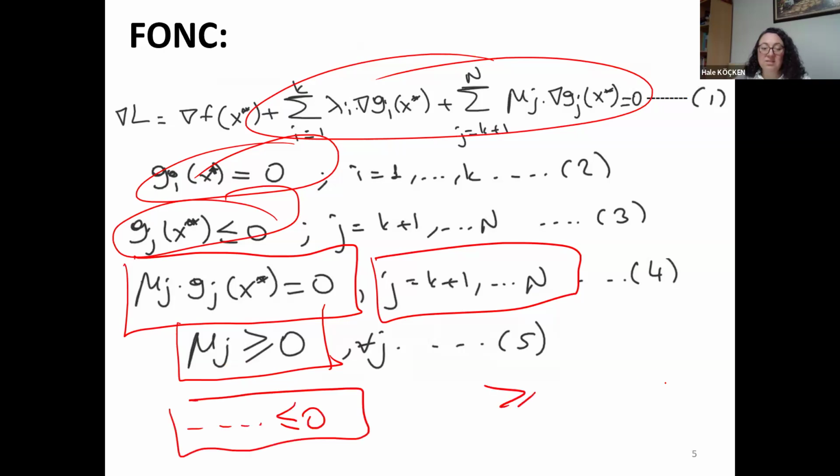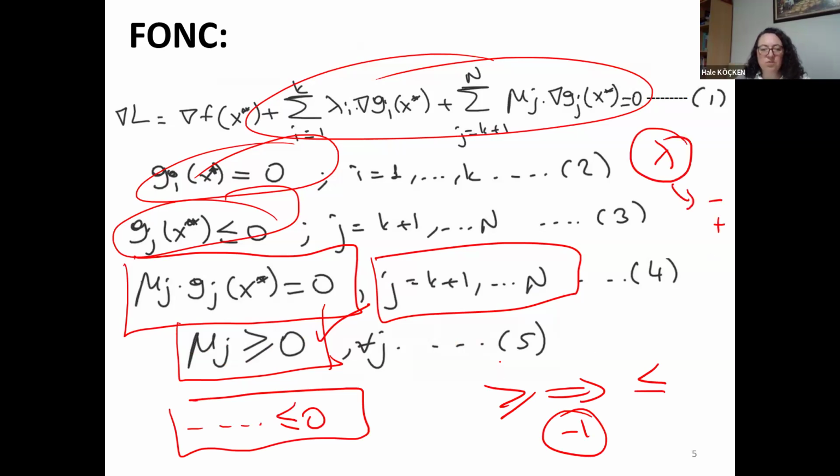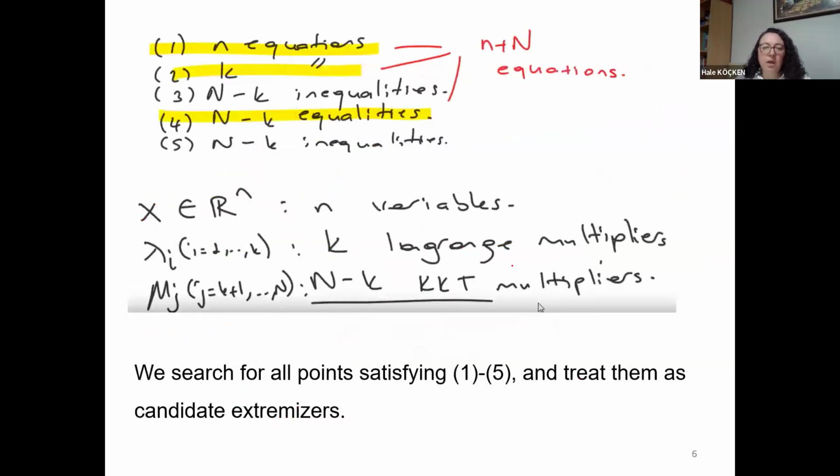If it is greater than, you need to convert it into less than by multiplying by -1. Anyway, this is the assumption we use for mu. As you see from the constraints, there is no restricted value for lambda. Lambda can be negative, positive, or zero. It's free, okay? So anyway, we have n plus m equations to solve for n plus m unknowns.